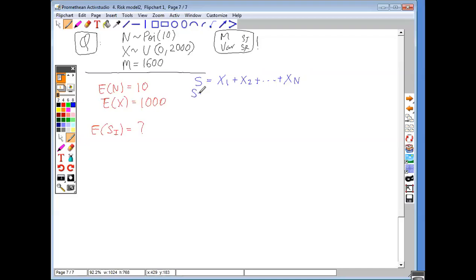So if I were to write my SI, how can I write it?